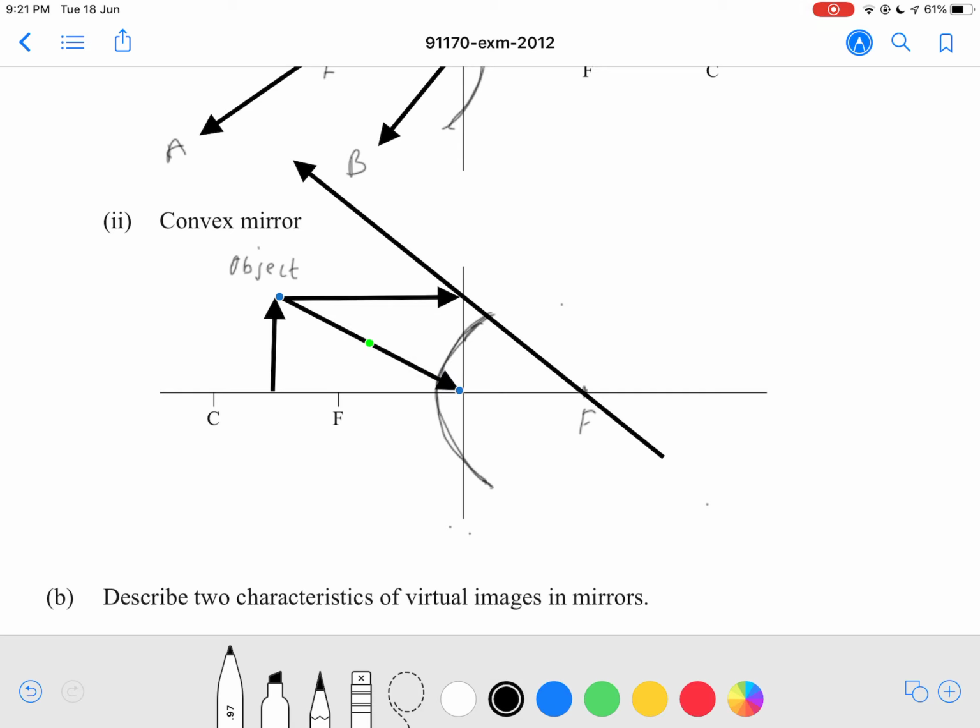The ray is going to go back to the horizontal axis, and then it's going to reflect so that both angles theta are equal. This angle theta and this angle theta are equal. So just get an approximation here.